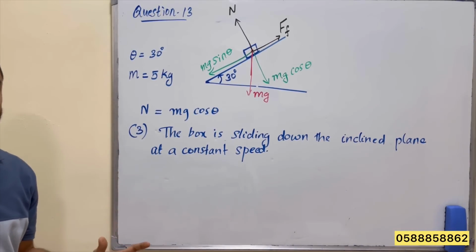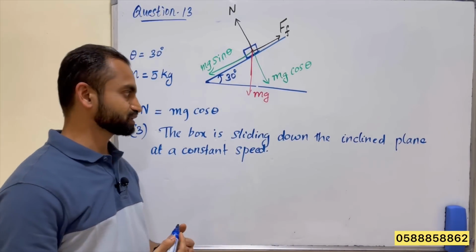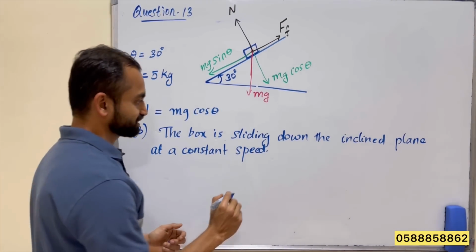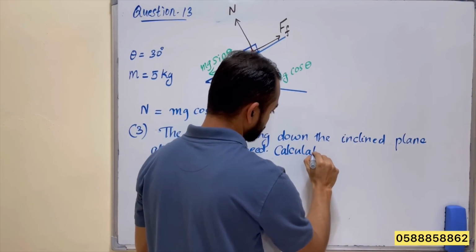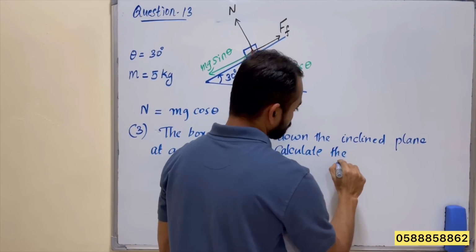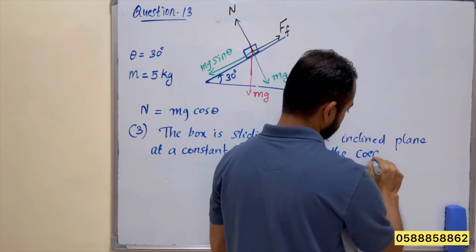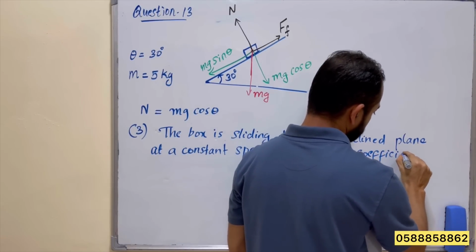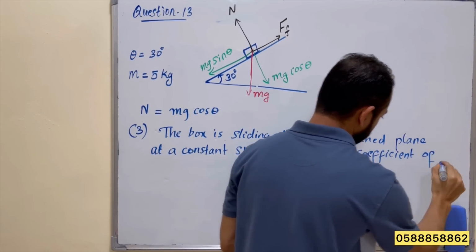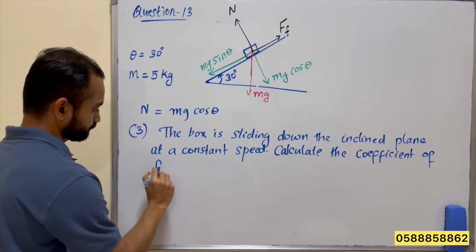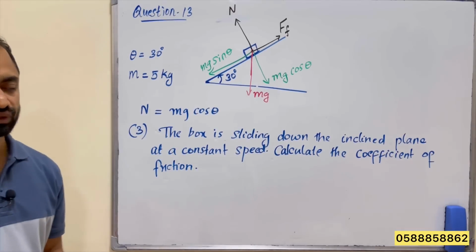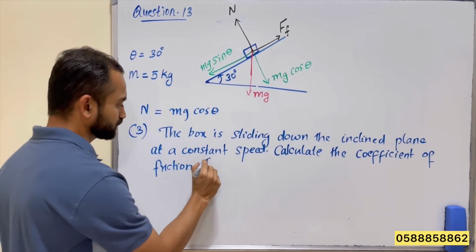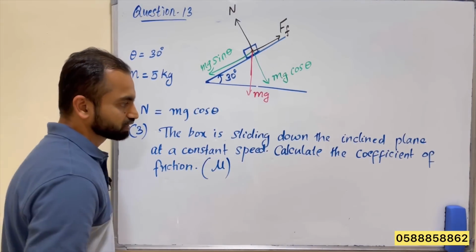At a constant speed means at a steady speed. So calculate the coefficient of friction. Calculate the coefficient of friction means you need to calculate mu.